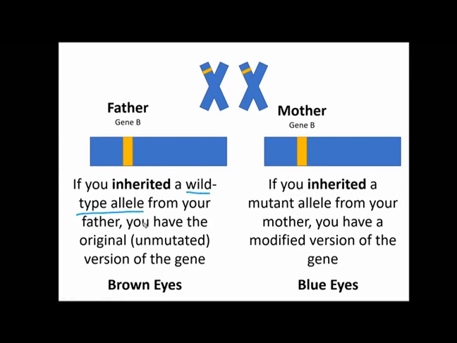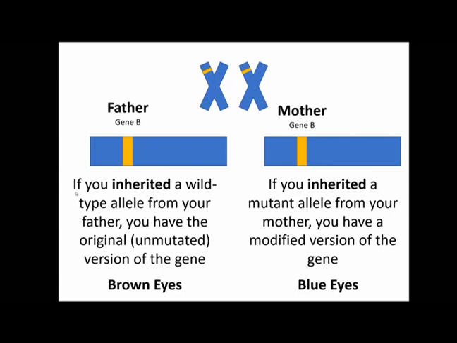It's wild type because it's what you see most often in the wild. So for eye color, our wild type allele is actually brown eyes. Brown eyes is the natural, the pre-existing version of this gene.